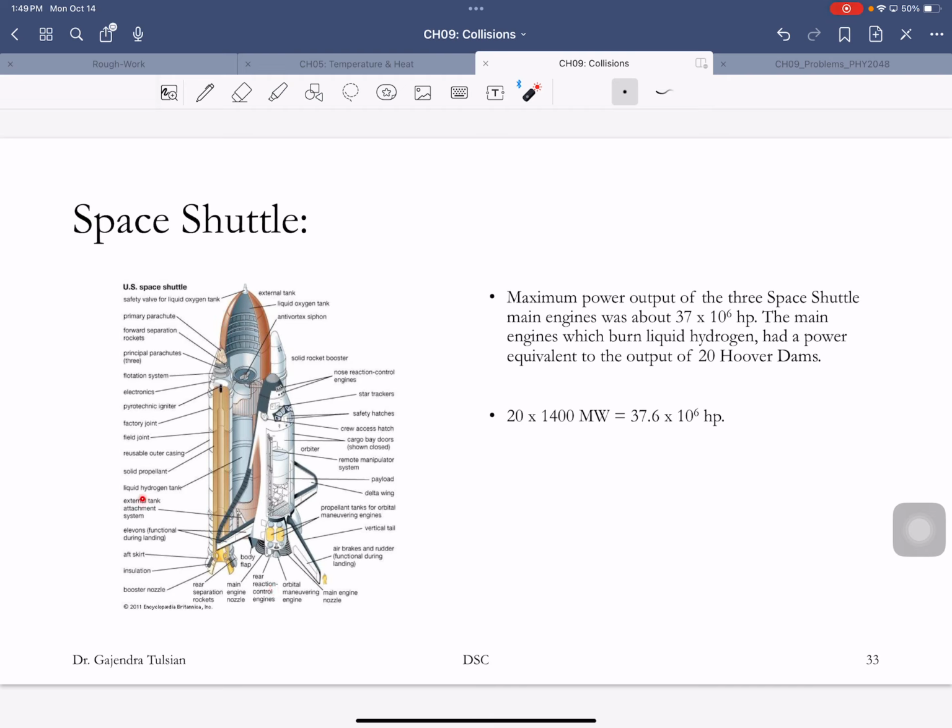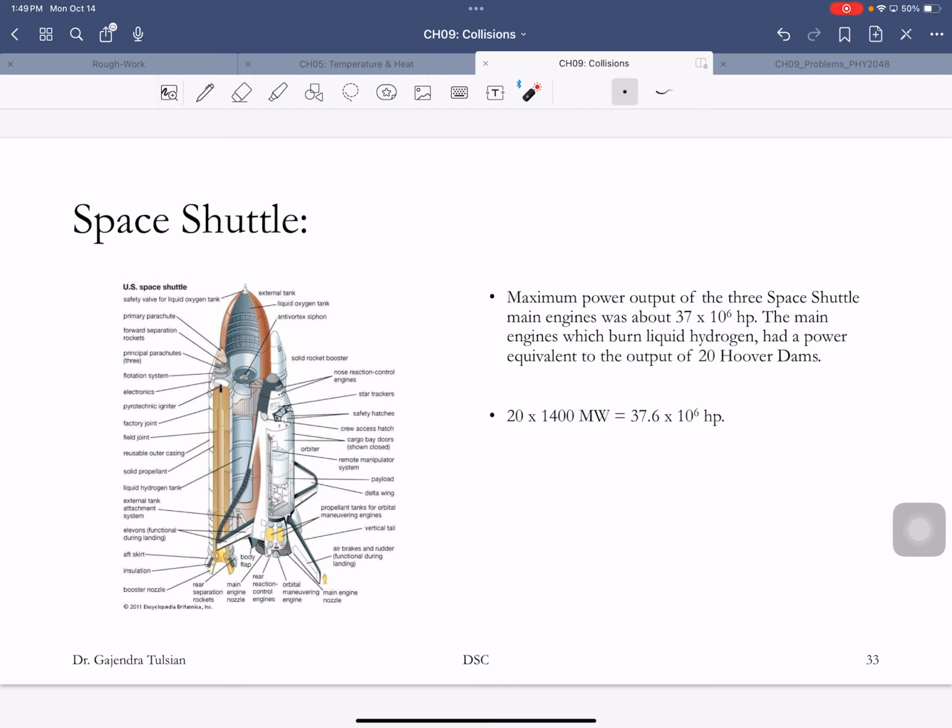Yeah, liquid hydrogen tank. So that was the fuel, and of course, to burn anything, you need oxygen. So there's liquid oxygen. So that's what this engine burned, and this was our solid fuel.